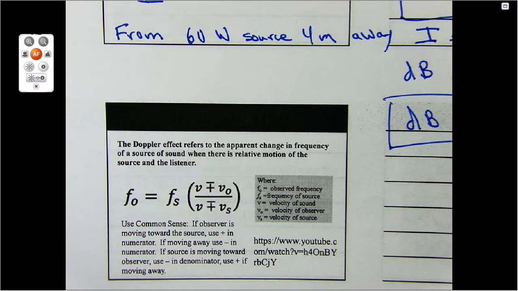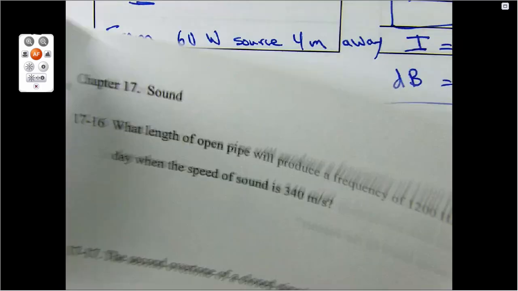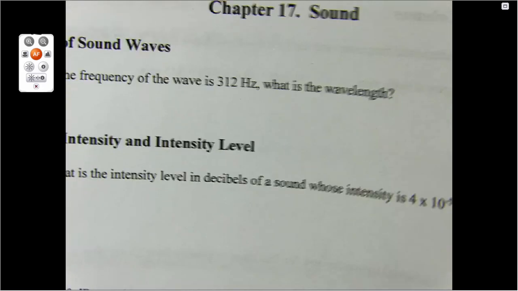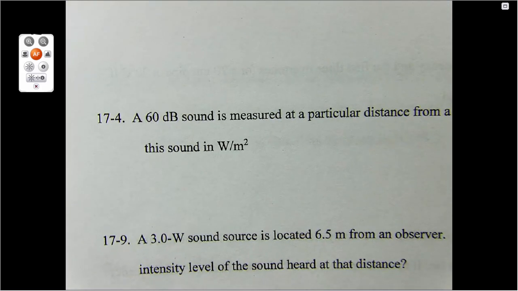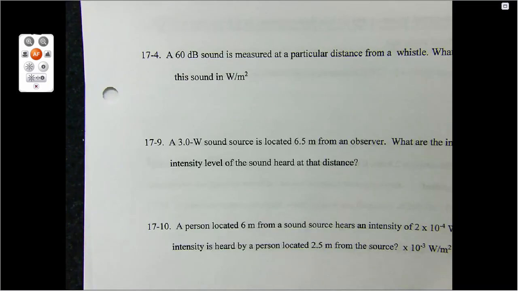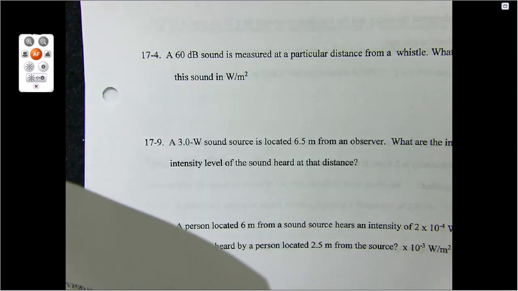So let's see what you can do for homework here. In this sound part, in chapter 17, you can do this first page of chapter 17 here, and then on the quiz, we did 1 through 11 previously.